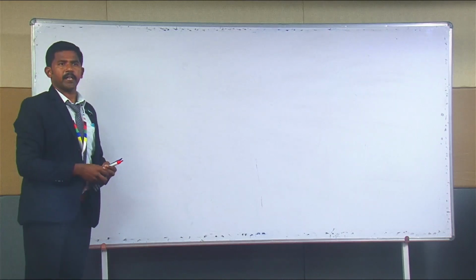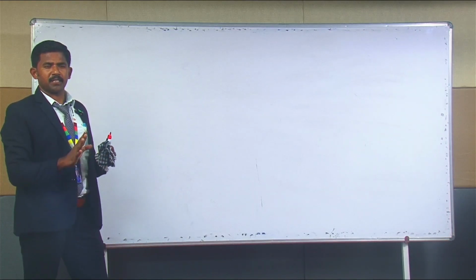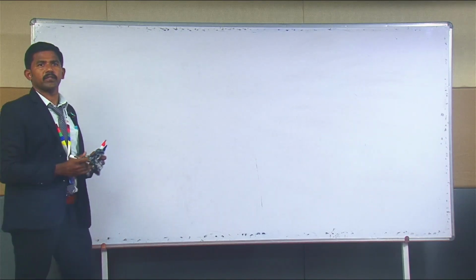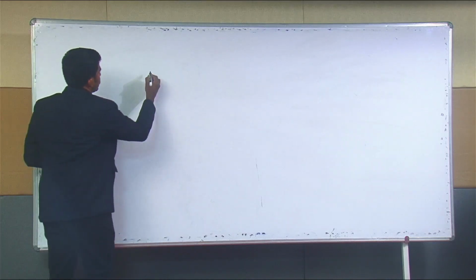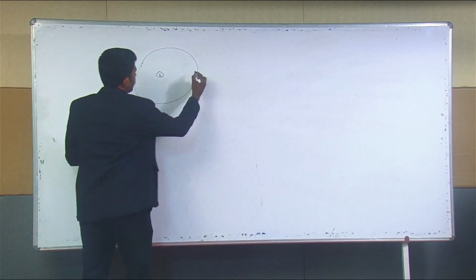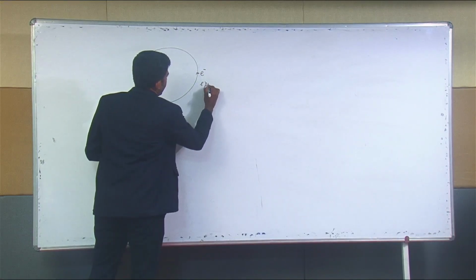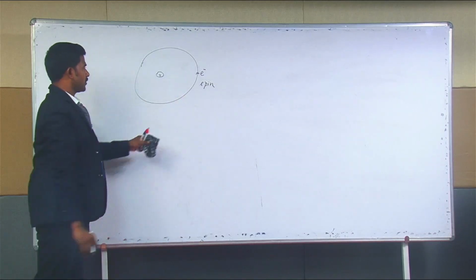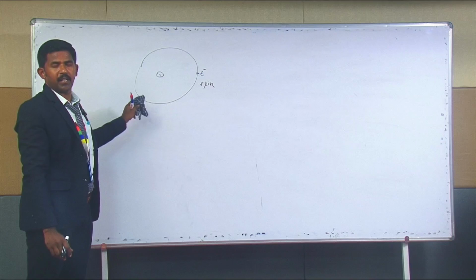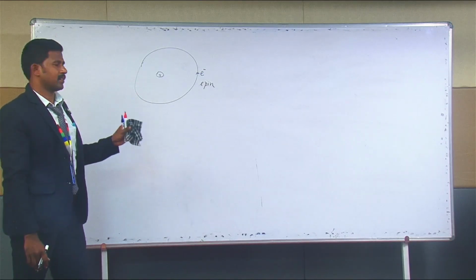The origin of magnetism: strictly speaking we can say there are three contributions, but mainly it is contributed by the spin magnetic moment, the electron spinning. Spin and orbital both contribute. Predominantly the spin magnetic moment plays the predominant role, whereas the orbital magnetic moment is also there to some extent.